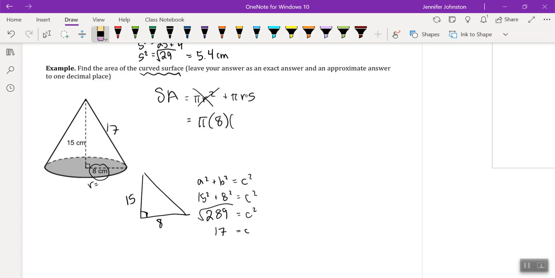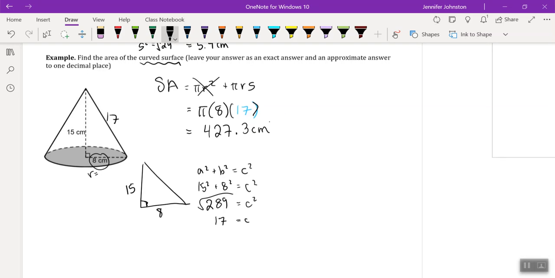So now we know our unknown here is 17. Right? So let's put this in our Desmos calculator. Pi times 8 times 17 gives us 427.3 centimeters squared.